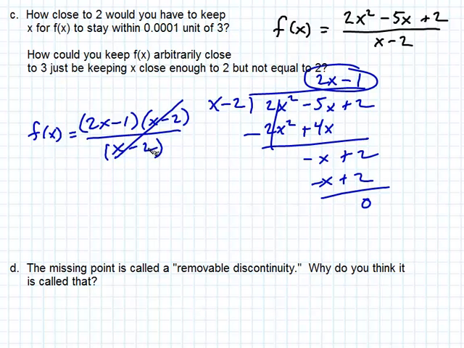And the reason is, when you cancel, in a sense you're dividing top and bottom by the common factor. And when x equals 2, that common factor is 0, and you can't divide by 0. Another way to look at it is that this x minus 2 over x minus 2 is equal to 1. Well, that again, that's true everywhere except when x equals 2, because then you have 0 over 0.